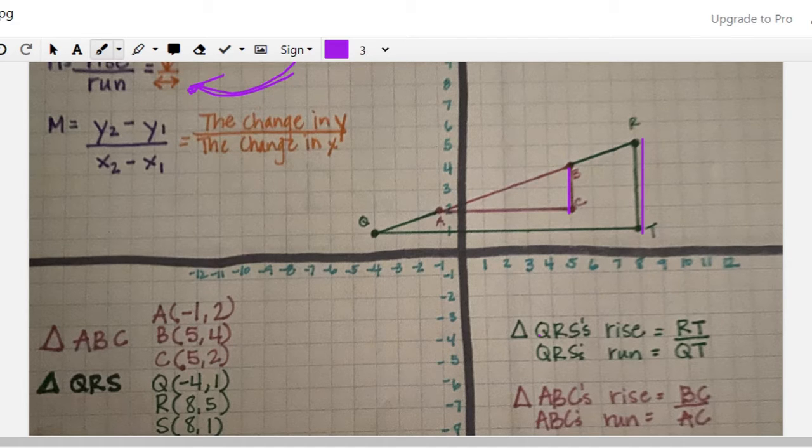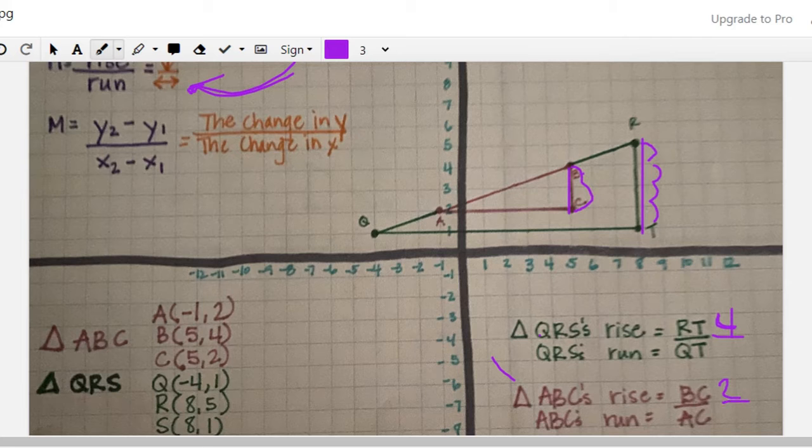RT is 1, 2, 3, 4. So that's going to be 4. And down here, triangle ABC's rise, the BC, is 1, 2. So that one is 2.